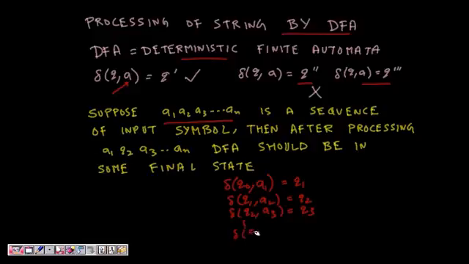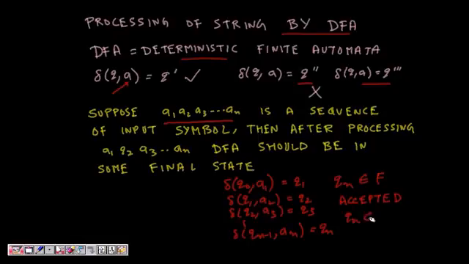Let's say we are in Qn minus 1, we see AN, and then we go to Qn. If Qn belongs to the final states, then the string is accepted. If Qn does not belong to the final states, then it is rejected.